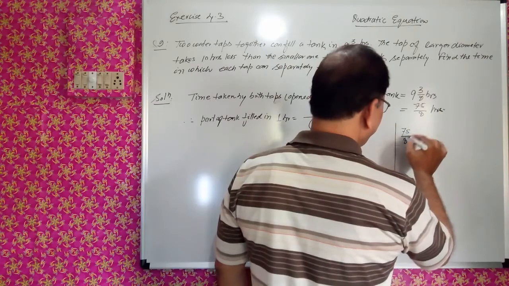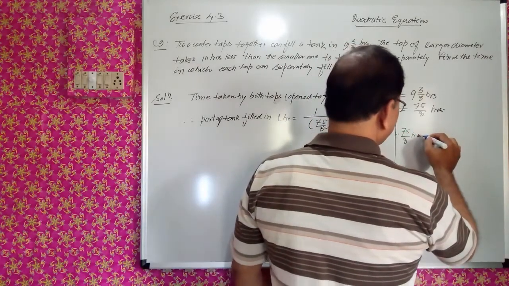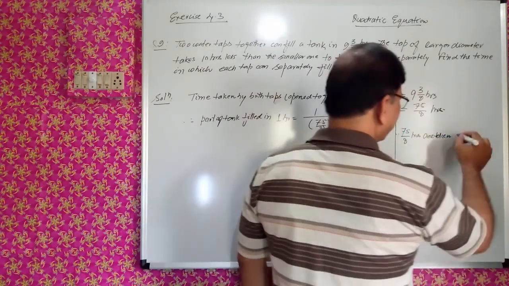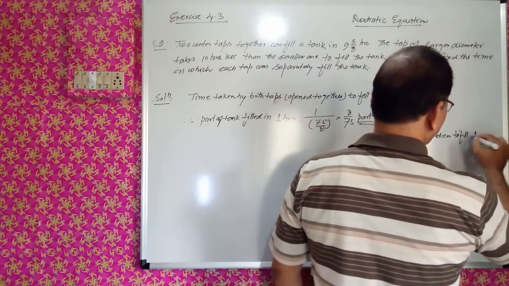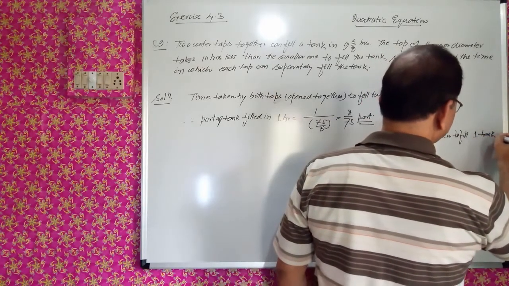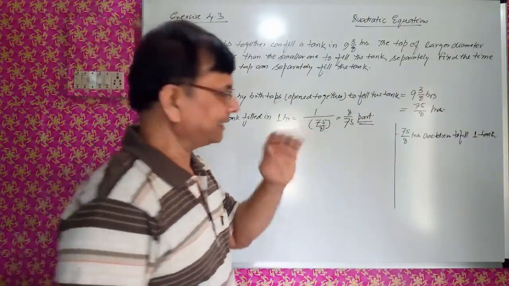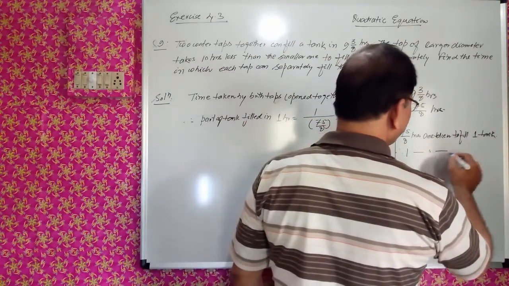75 by 8 hours are taken to fill one tank. One complete, I am talking about the volume of the tank, right? Therefore, in 1 hour, how much part will be filled?